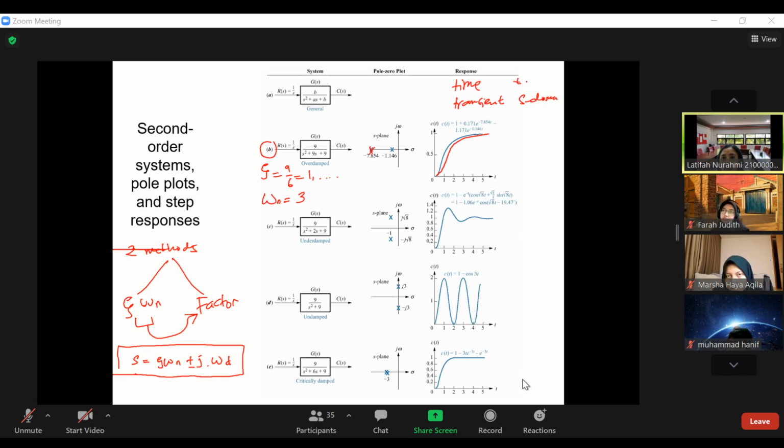Time is in the T domain. Okay, so the graph here is the time response of the system.